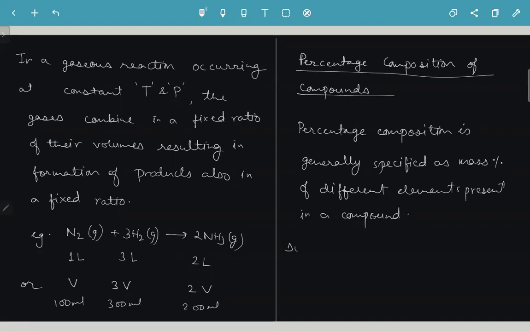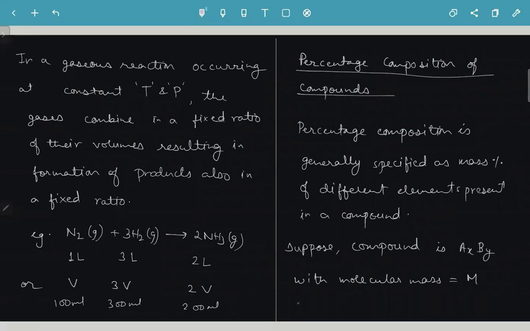Suppose compound is AXBY with molecular mass is equal to M.